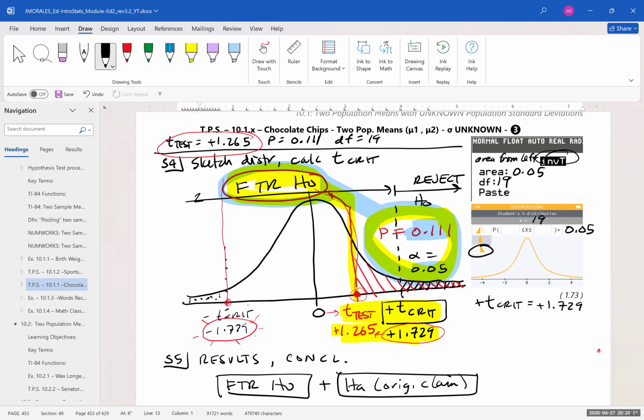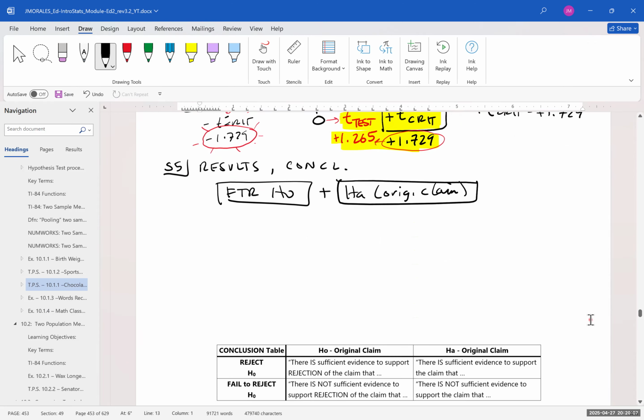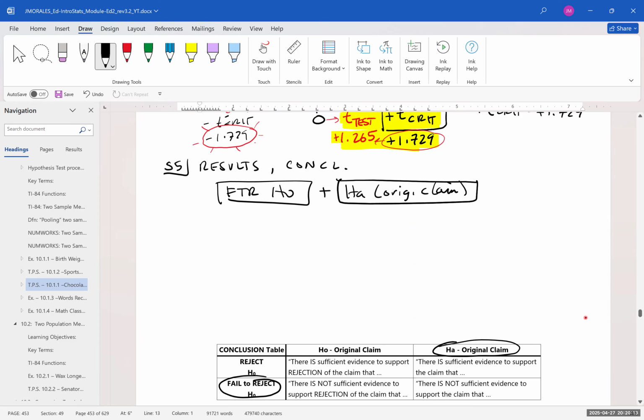So we can come down here to our handy-dandy conclusion table. All right, so we're going to fail to reject the null, and the alternate was the original claim. So we come over and down. This is the outcome we're going to write in our conclusion.